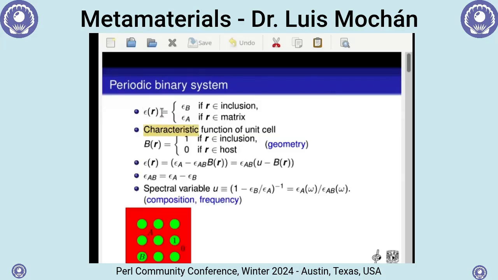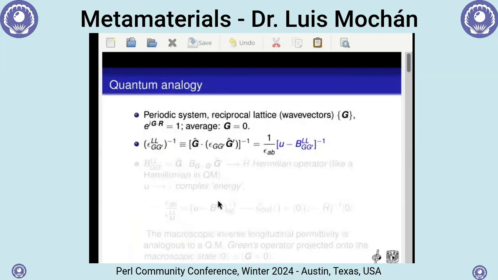And the dielectric response can then be written in terms of this characteristic function as epsilon AB, which is given by the difference in permittivities, multiplied by U minus B, where U is what is called a spectral variable, something that depends on the composition and the frequency, on the dielectric function of each of the materials, and B is the function that depends exclusively on the geometry, okay?